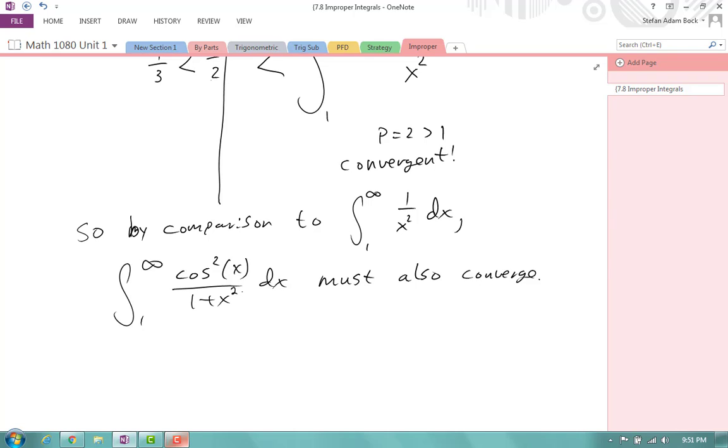Arguably, we could go back to the previous section and try to use some of those numerical approximation techniques to find out what the number is. But the comparison theorem really goes both ways, and it doesn't always have to be compared with one of the p-test types. It could just be compared with any integral you've already found to be convergent or divergent.